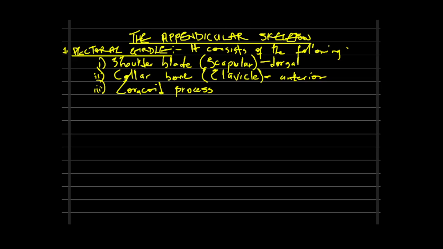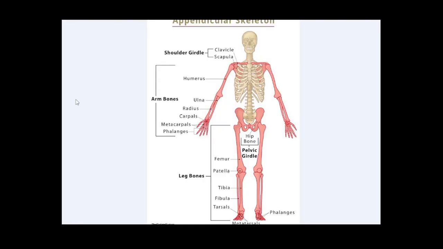So this is what we are talking about. This part of the shoulder, where we have this long bone in the front here, is called the clavicle. The one that is flat at the back of these ribs here is called the scapula, that's the shoulder blade.